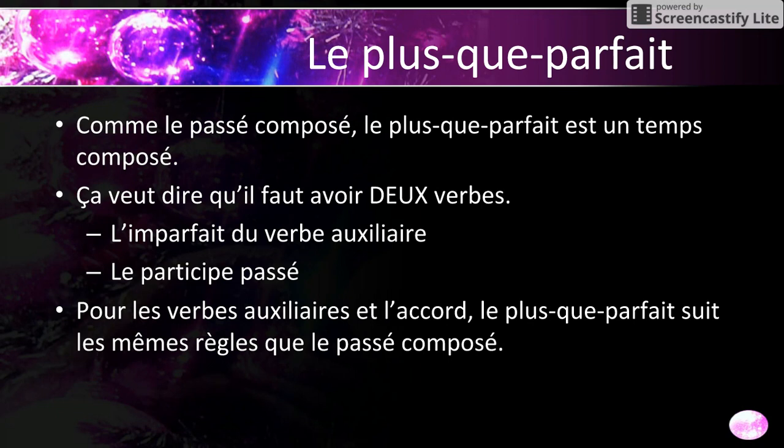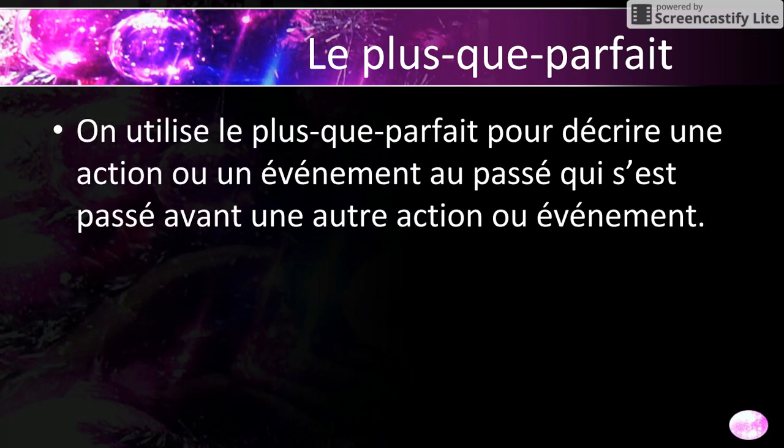And just like with the passé composé, in the plus que parfait with the Dr. and Mrs. Vandertramp verbs and with the reflexive verbs, we're going to see agreement, meaning extra E's or letter S's attached to the participle. And the plus que parfait is used to describe the past of the past.